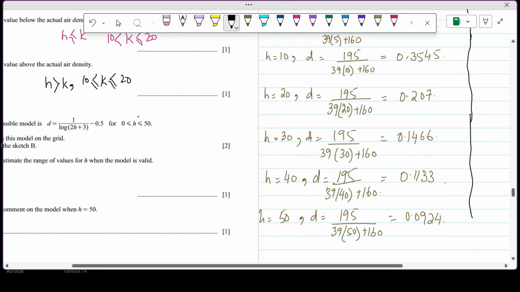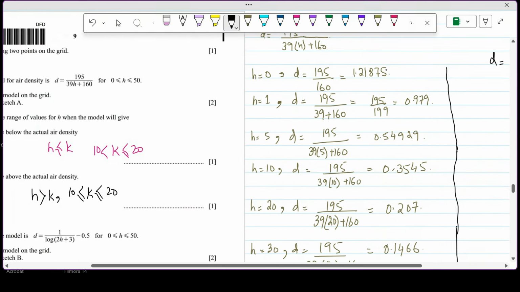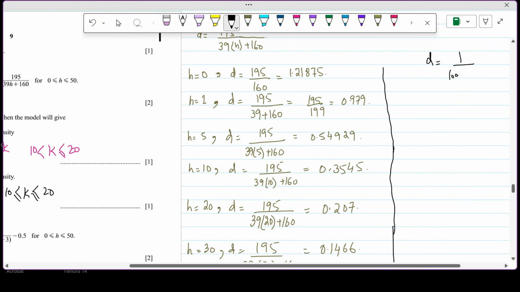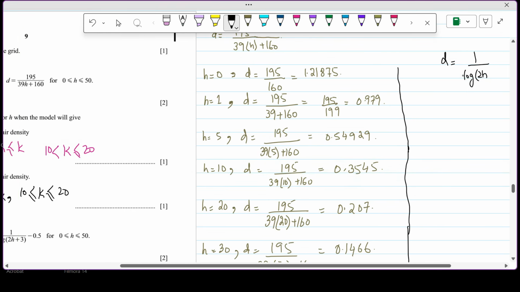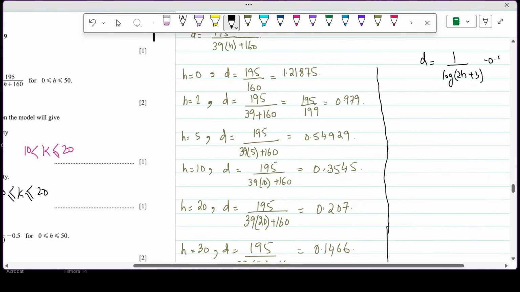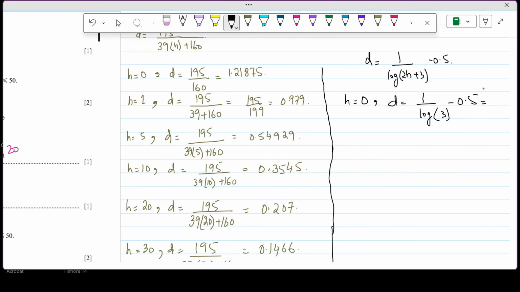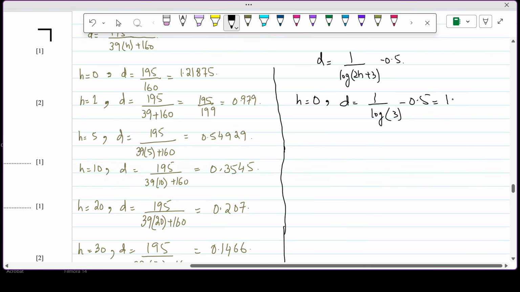Now the new model is D is equal to 1 over log of 2 times h plus 3, minus 0.5. Now when h is equal to 0, we will have D is equal to 1 over log of 2 times height, which is 0, so log of 3, minus 0.5, and this is equal to 1.5959.